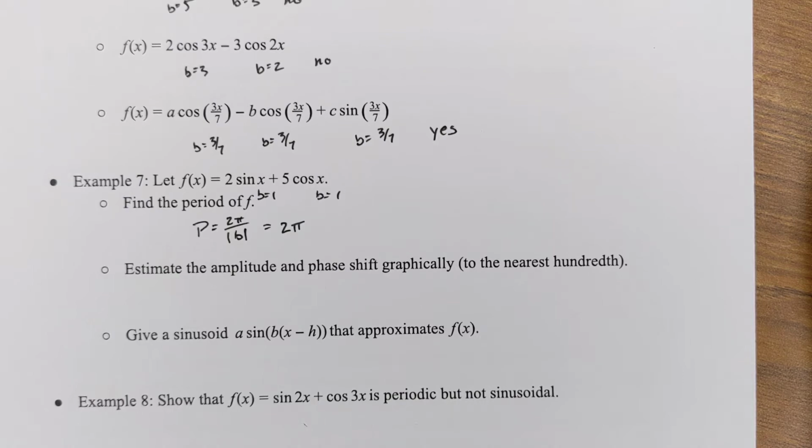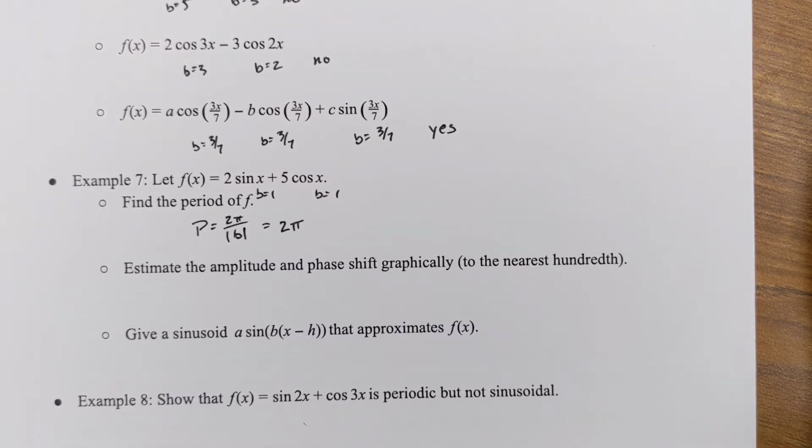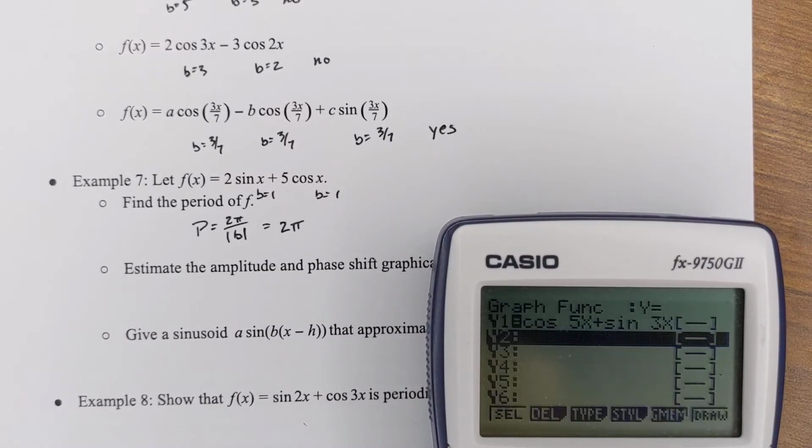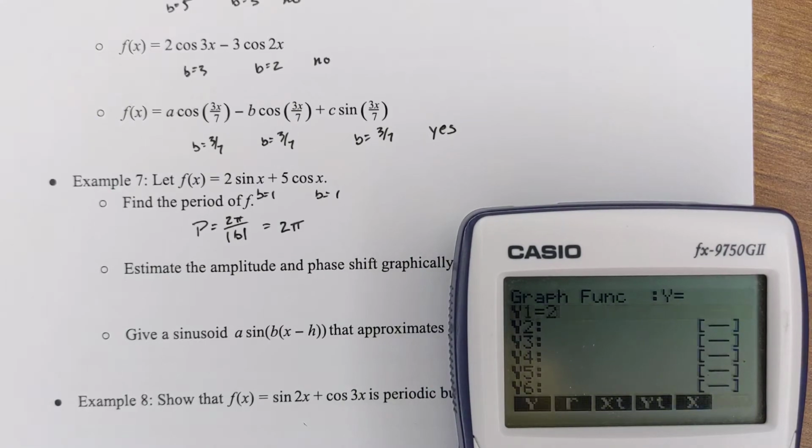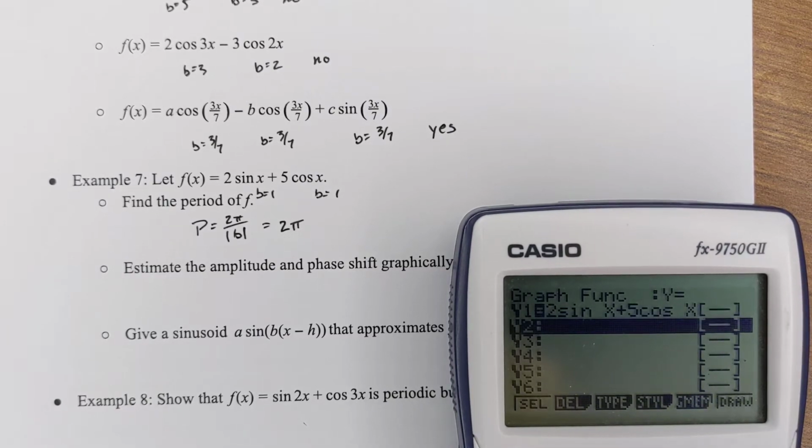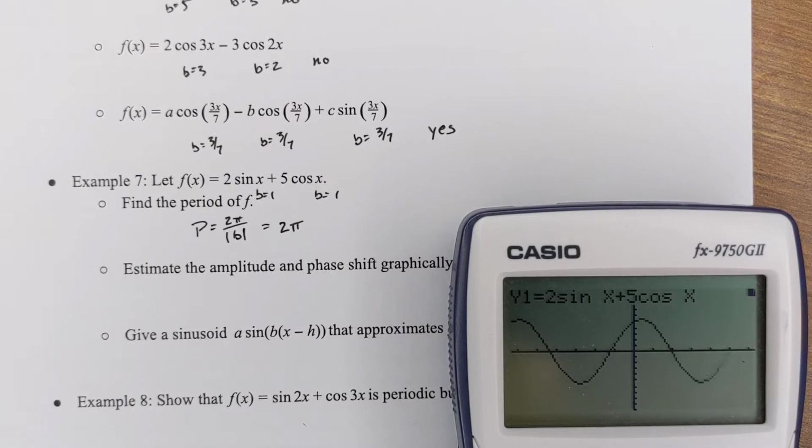Okay. Let's look at the graph. 2 sine x plus 5 cos x. Draw. Looks like that.